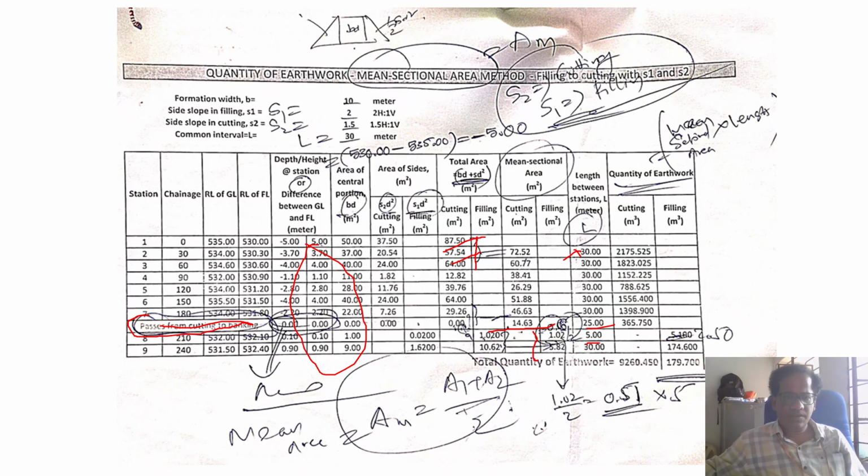So the section may not always cross exactly at a chain edge point. It may cross between chain edges. We have to take care when transferring from cutting to filling, or vice versa. Finally, we get the quantity of earthwork after summing up these columns in cutting as well as in filling. Thank you all.